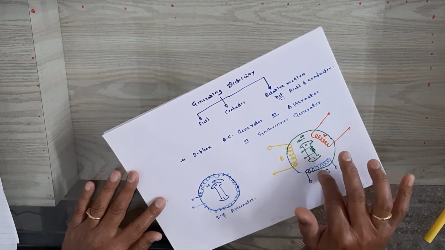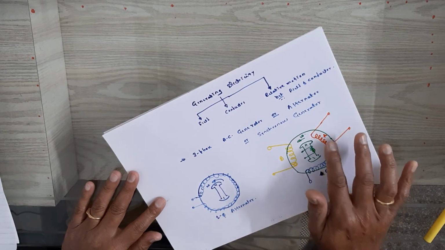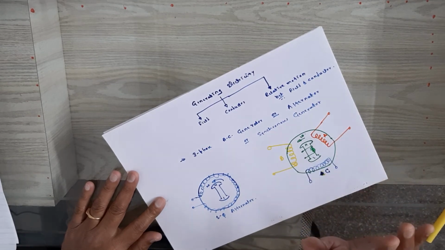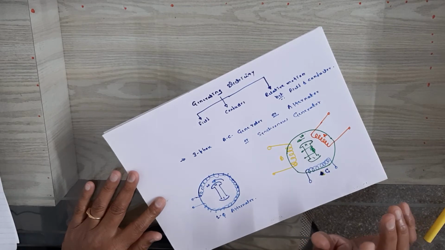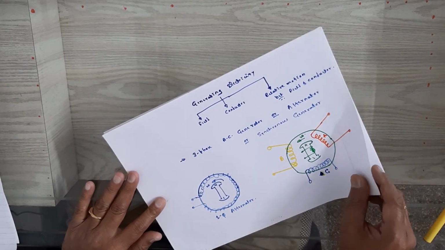Between B and C is another 120, or in other words, between C and A it is also 120 degrees. Then we'll see how it looks.